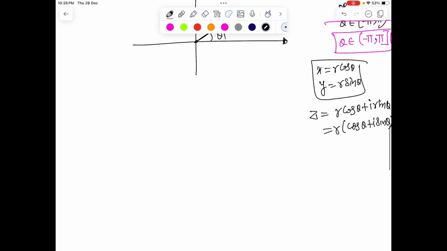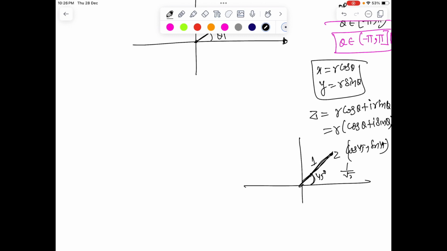So far so good. The takeaway is, you give me any complex number z, let's say its distance is 1 unit from the origin and the angle is 45 degrees. Of course that complex number is going to be 1 cos 45 comma 1 sin 45. So in Cartesian form it's 1 by root 2 plus i by root 2.